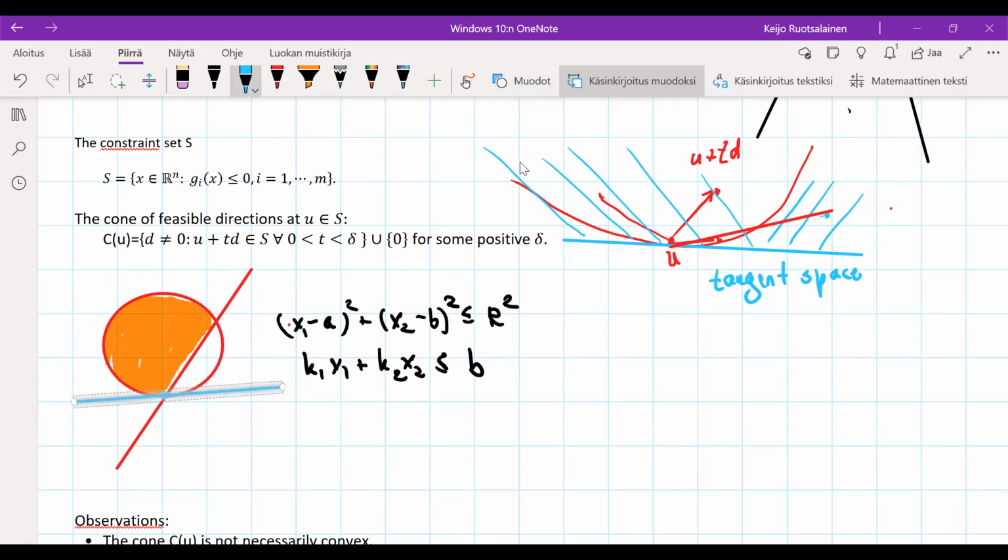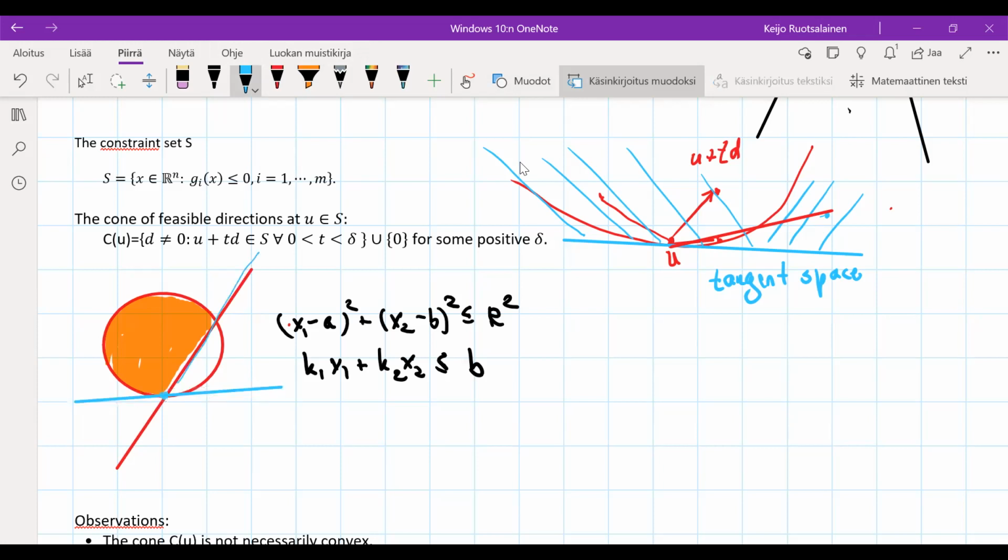And then, of course, the second one is because the other constraint is linear, defined by a linear equation or inequality.